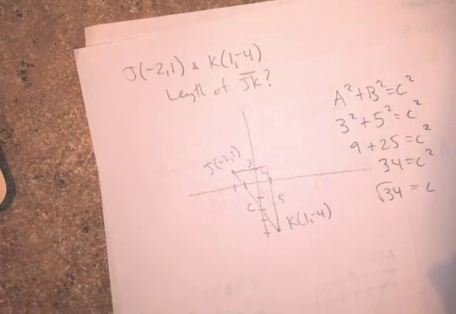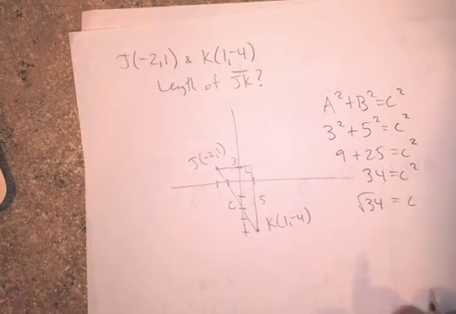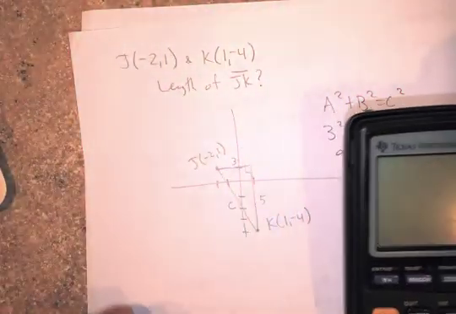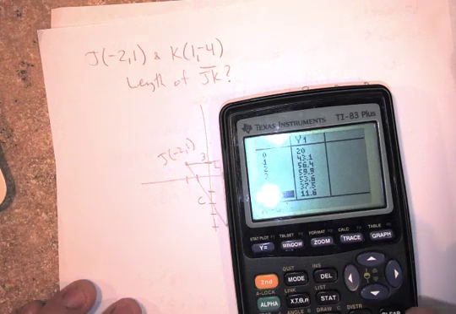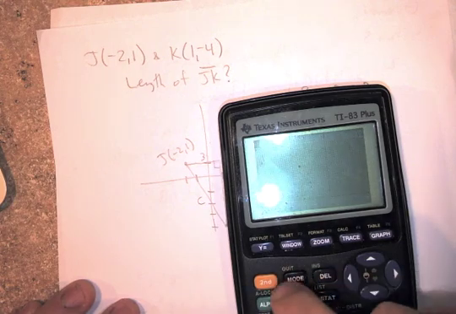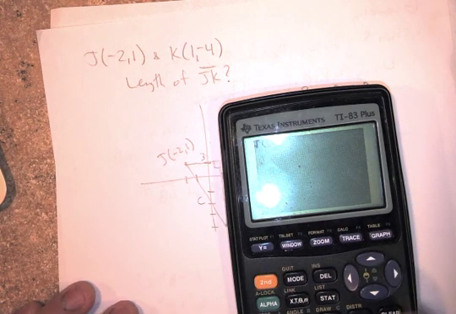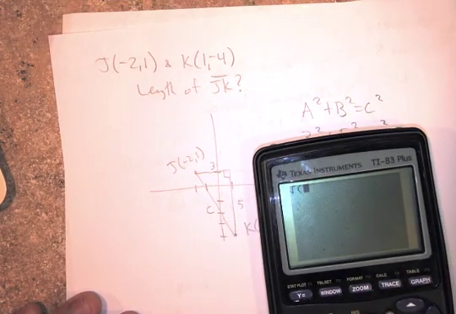So you're going to need to pull up a calculator on your Chromebook, or a calculator at home that has a square root on it. Okay, I'm doing the square root of 34. Enter.